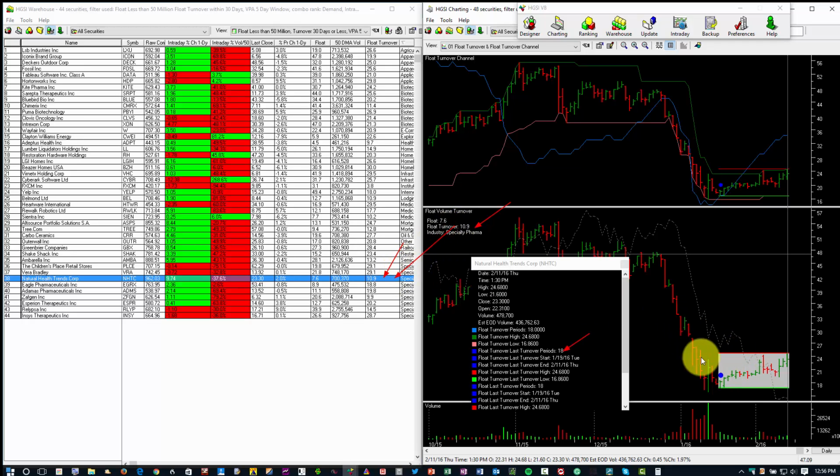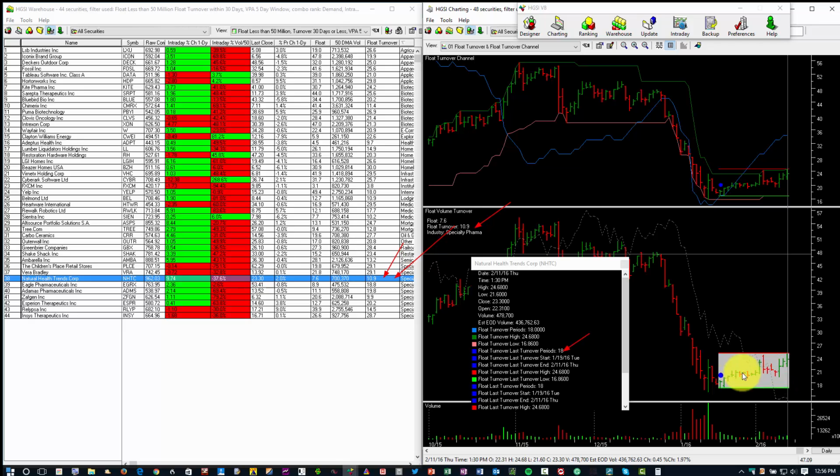Now, these float numbers can change dramatically, and it is because the volume is either increasing or decreasing. If the volume is increasing, the outstanding float of the shares is going to turn over much faster.